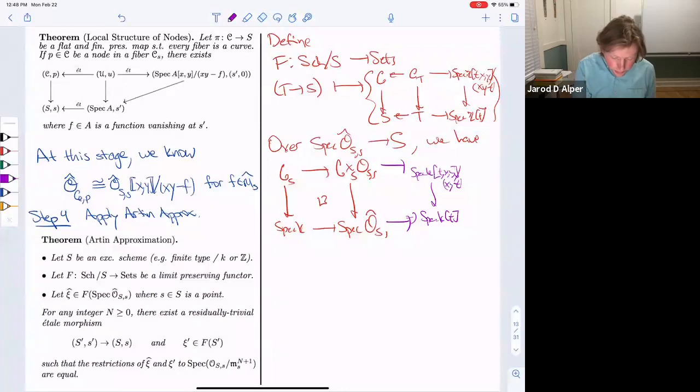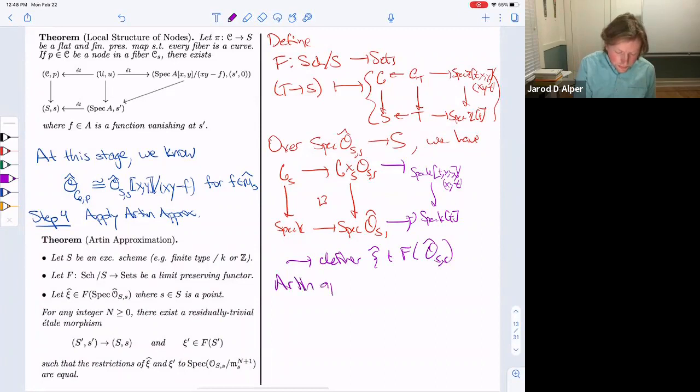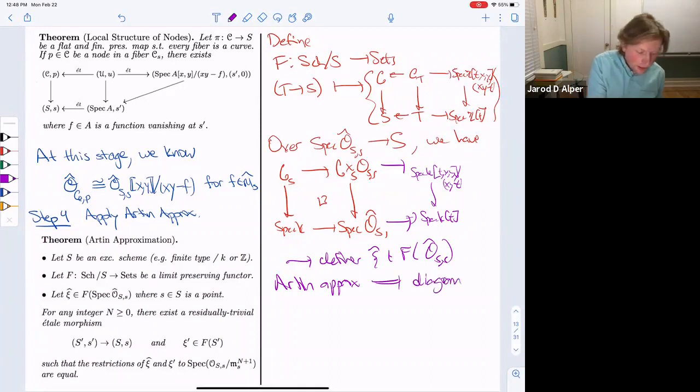And so this here defines an element sigma hat of F over the completion of O_{S,s}. And then Artin approximation gives us the desired diagram that we wanted.